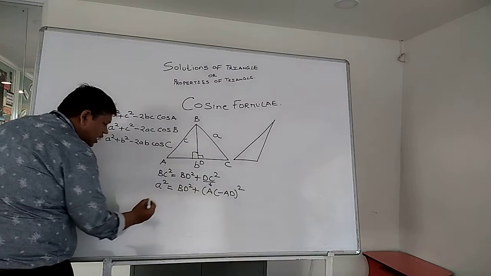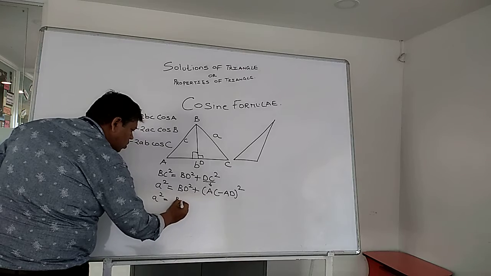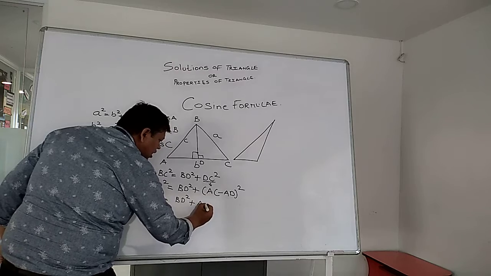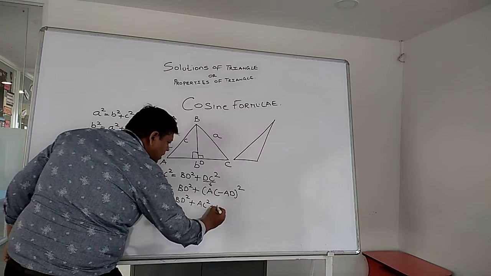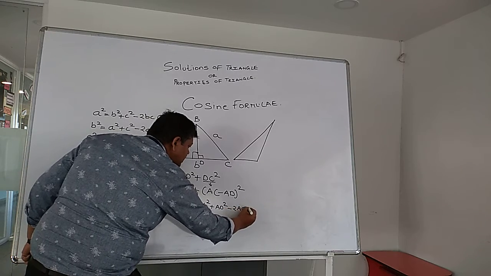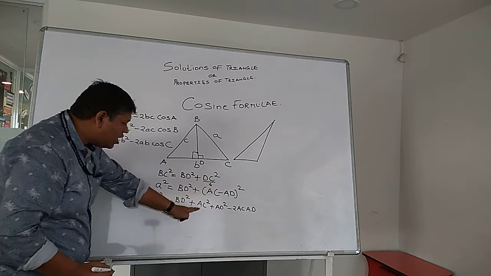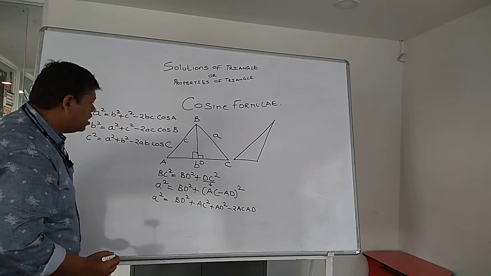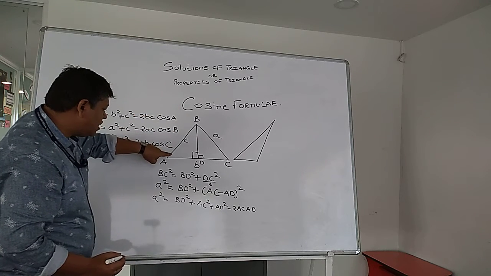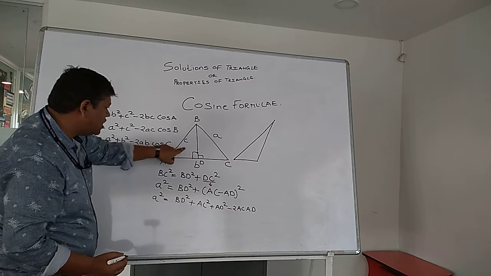Now opening it, I get a square is equal to BD square plus AC square plus AD square minus 2 AC into AD. This is the (a minus b) whole square formula which I have applied here. As we can see, AB square and AD square are forming a right angle triangle here also.